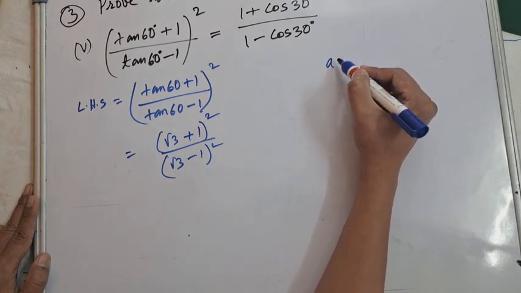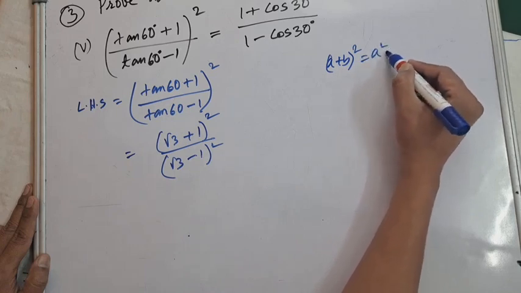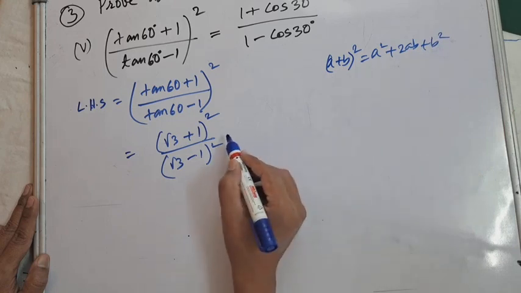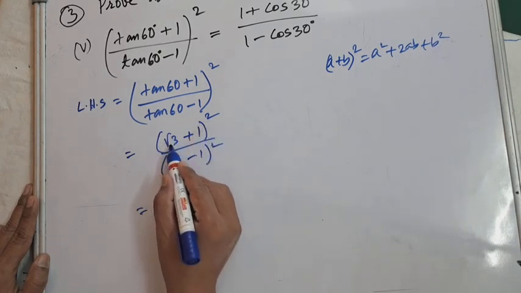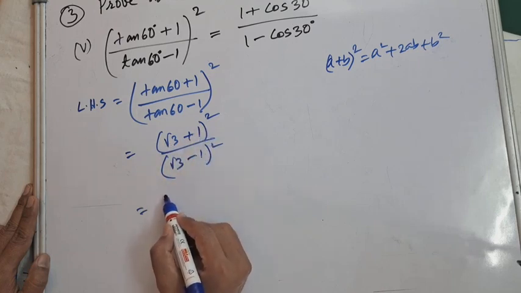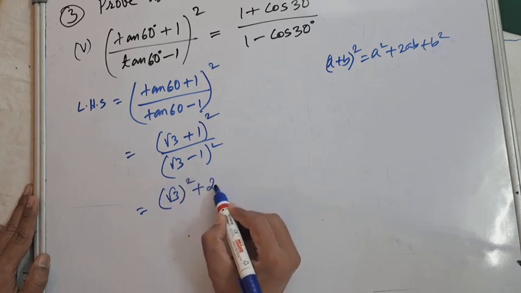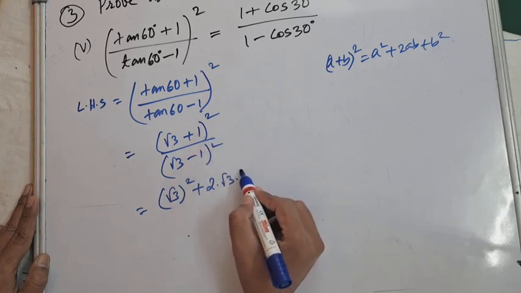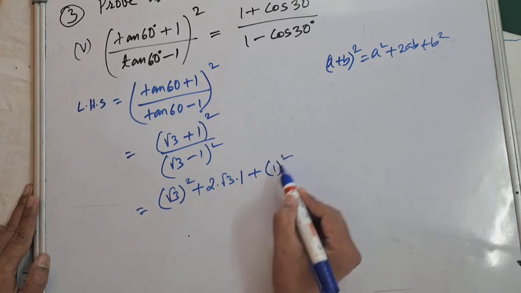We know the formula, A plus B whole square equals A square plus 2AB plus B square, isn't it? So root 3 plus 1 whole square, root 3 is A and B is 1. A plus B whole square means A square plus 2AB, A is root 3, B is 1, plus B square, B is 1, B square, okay?